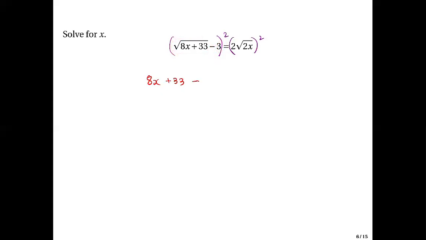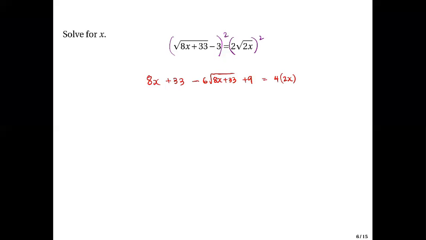So that will become minus 6 times square root of 8x plus 33. And then plus the square of this, and that's just plus 9. On the other side, we'll just have 4, that's 2 squared, times square root of 2x squared. So 4 times 2x in here.